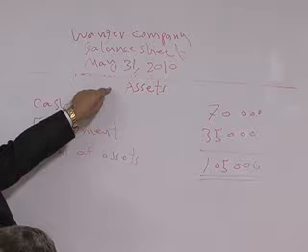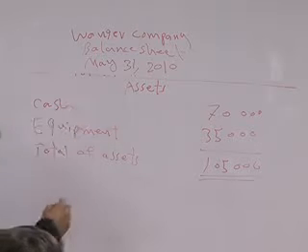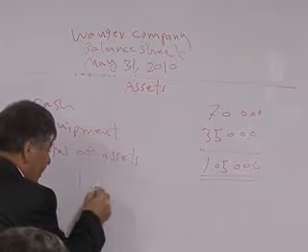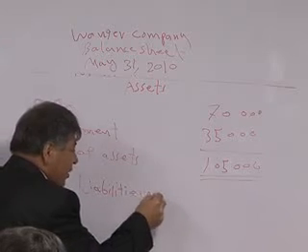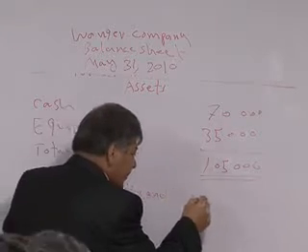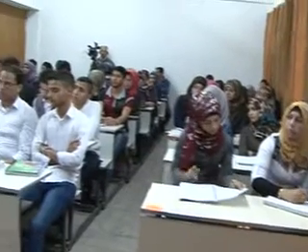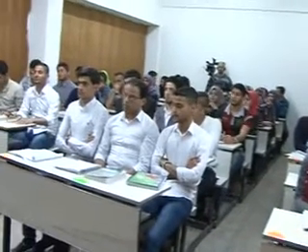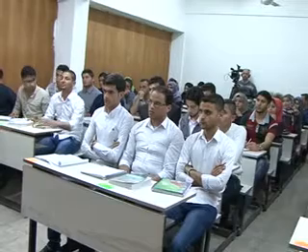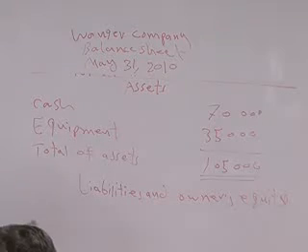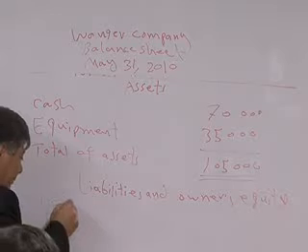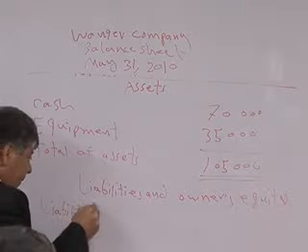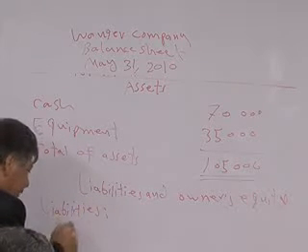The second section is liabilities and owner's equity. I start with liabilities. Accounts payable. Very good.